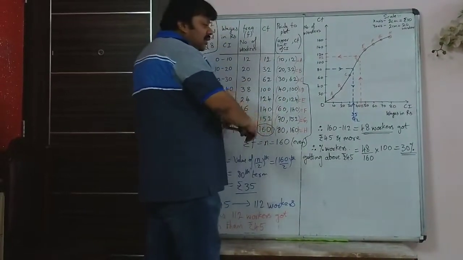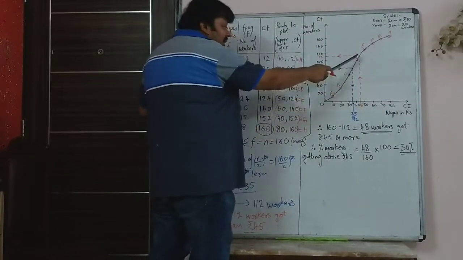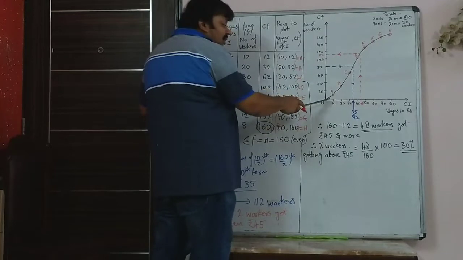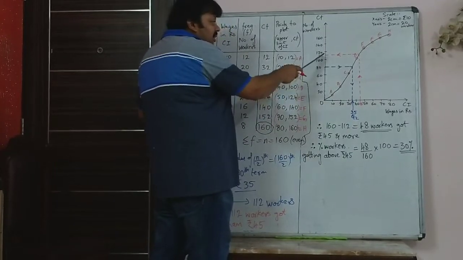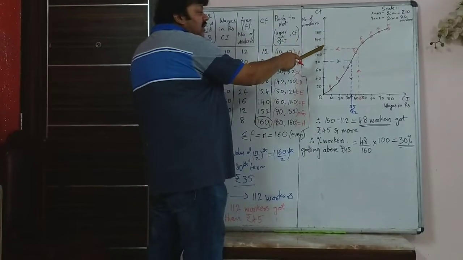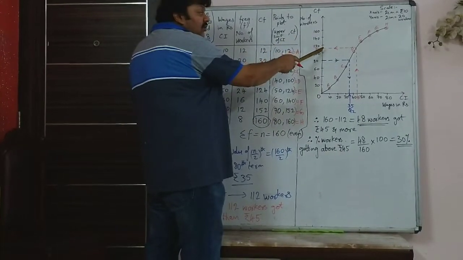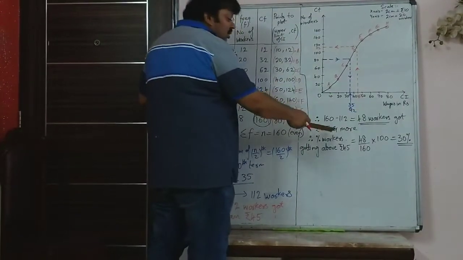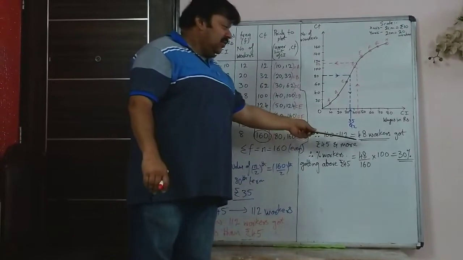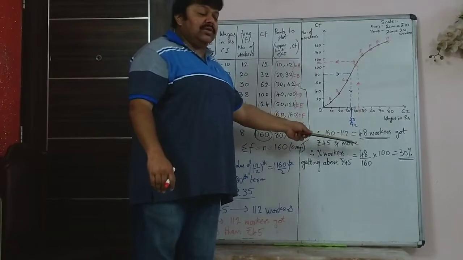So please understand, 0 to 45 is 0 to 112. So less than 45 rupees is 112 workers. So total number of workers 160 minus 112, that is 48 workers got rupees 45 or more. Now you are not asked the absolute value, you are asked the percentage.